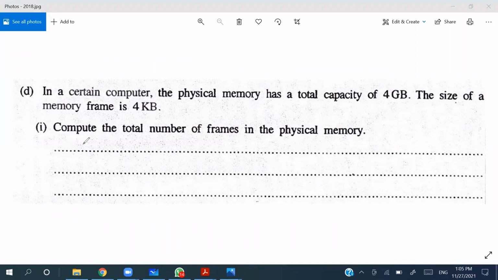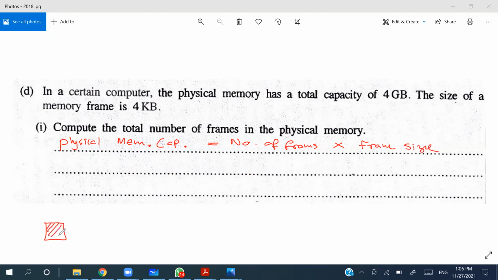So it says physical memory capacity equals number of frames into frame size. That's a very logical thing.